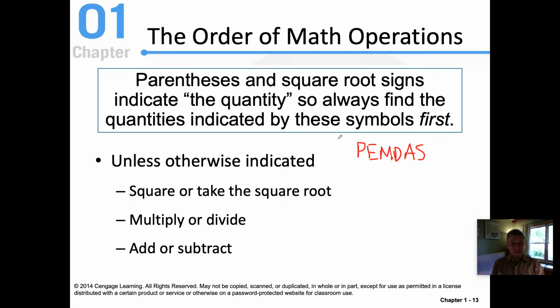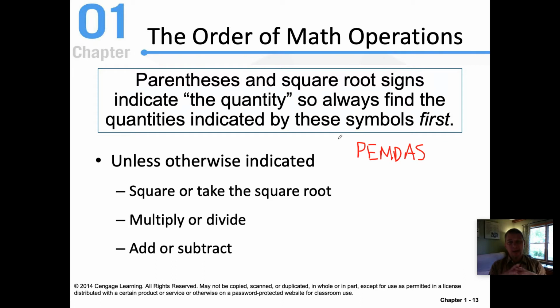So anything that you find inside a set of parentheses or under a square root sign indicates something that you have to do first. Unless otherwise indicated, you always either square or take the square root, unless there's a set of parentheses first. Then you multiply or divide, and finally you add or subtract.